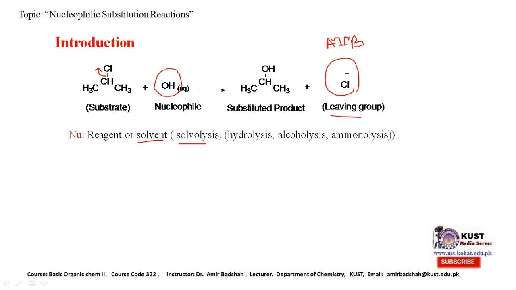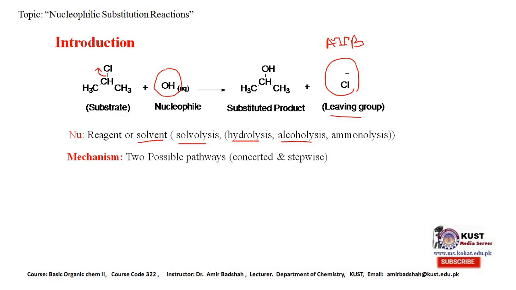If the solvent is water, then such solvolysis is called hydrolysis. If alcohol is used as a solvent, it is called alcoholysis. And if ammonia is used as a solvent, then such a reaction is called ammonolysis.